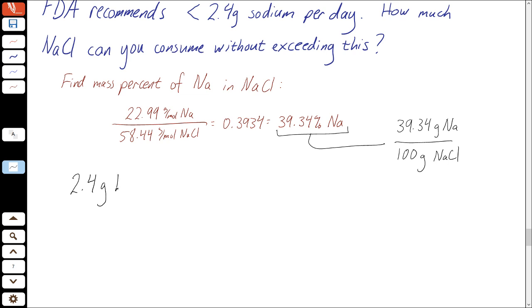2.4 grams of sodium. And then we want a factor that, instead of grams of sodium, cancels grams of sodium and gives grams of sodium chloride. And that's exactly the conversion factor we just came up with using the mass percent. It's just we've got to flip it. So that's 39.34 grams of sodium per 100 grams of sodium chloride.